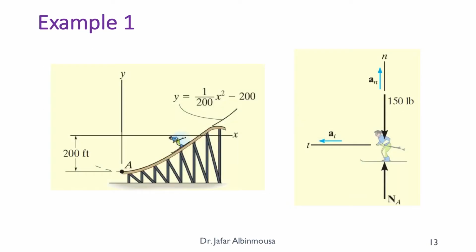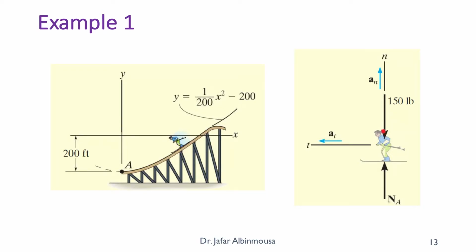Quickly, to draw the free body diagram, we have to do it right at point A. At this point, where the tangent is horizontal, we will have the normal force acting in this direction, and this is the normal direction. As you see, this is n. We assume that the normal acceleration is going to point toward the center of curvature, which is somewhere here.